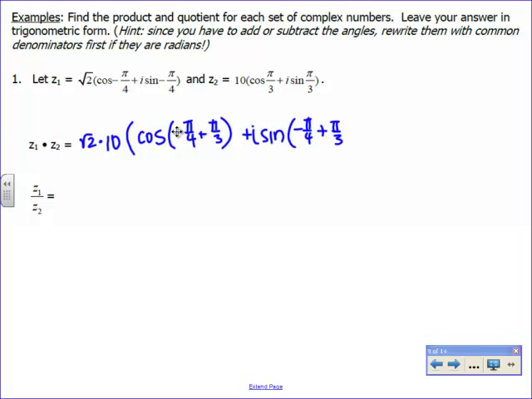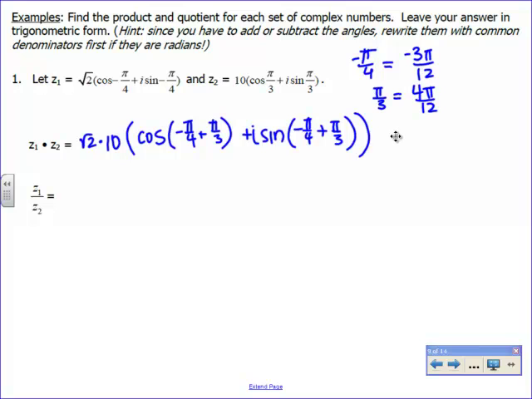And of course you don't think that I'm going to let you leave it like that as fractions without being added together. So you're going to find a common denominator, which between a 4 and a 3 is going to be 12. So -pi over 4 we're going to rewrite as -3 pi over 12, and positive pi over 3 we're going to write as 4 pi over 12.